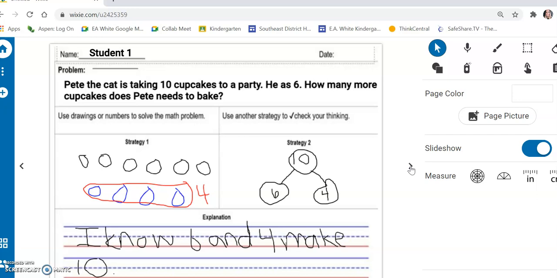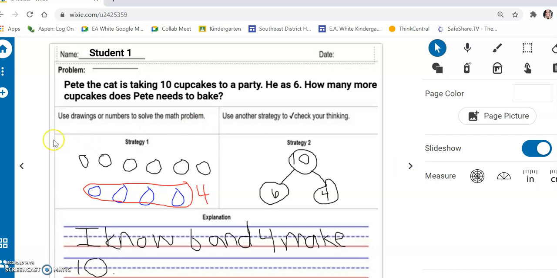I would allow them to bring their templates up to the front of the room and would use our Elmo projector to display it for the rest of the class. I would definitely look for students who utilized different strategies or different problem-solving ways to share with their peers.